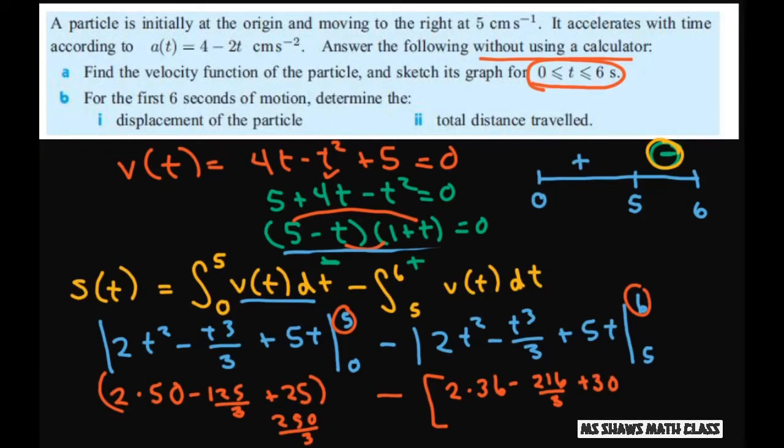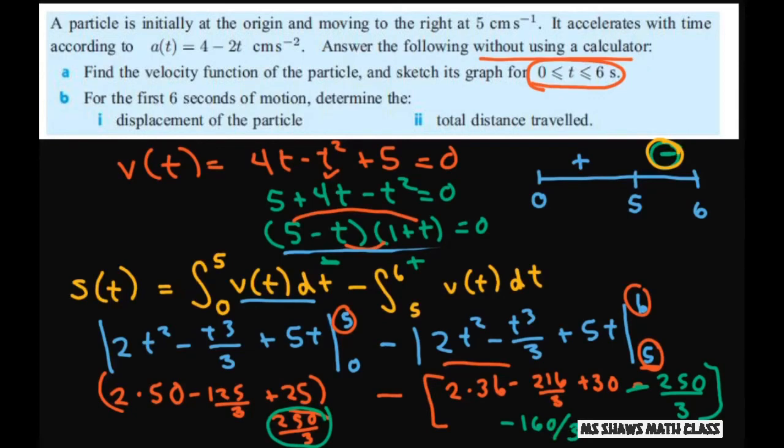And then we got to subtract this. Well, when you plug in 5 into this, you're going to get this number. So it'll be minus 250 divided by 3. Now this whole thing equals negative 160 divided by 3.